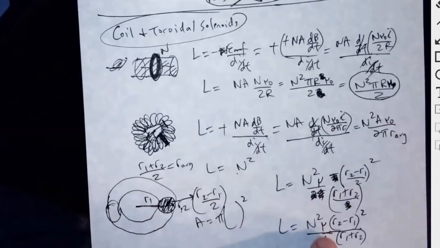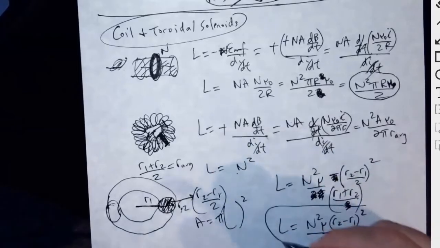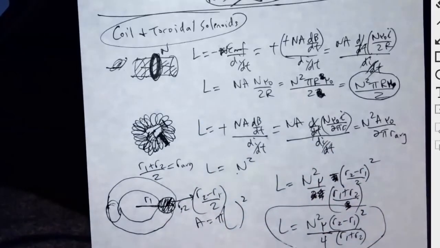Right? L equals n squared mu (R2 minus R1) squared over 4 (R1 plus R2). Cool. So that's the inductance of a general toroid.